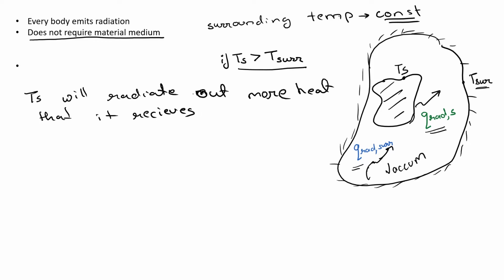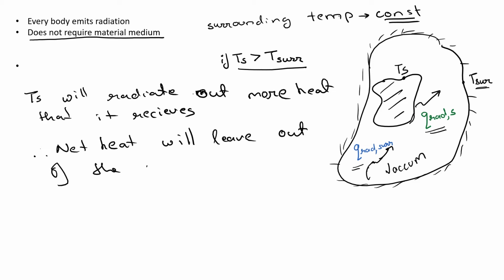So Ts will receive radiation that's emitted by the surrounding, and it will emit its own radiation, but because Ts is greater than T surrounding, it will radiate out more heat than it receives, which means that the net heat will leave out of the surface.